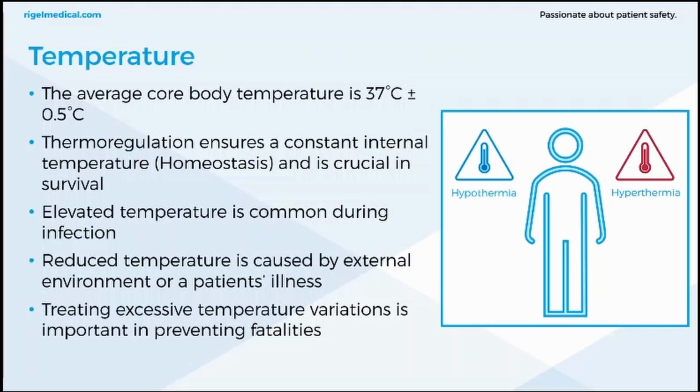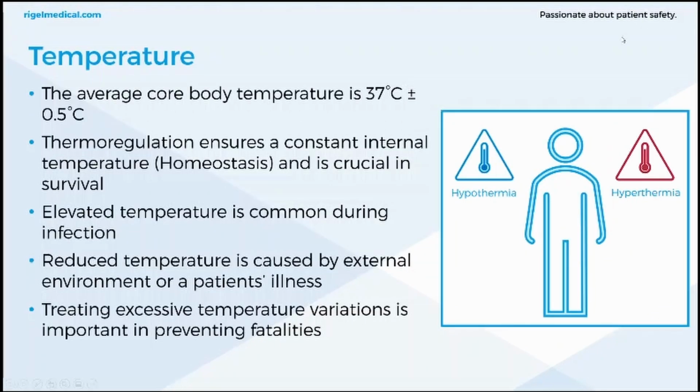Thermoregulation ensures a constant internal temperature, or homeostasis, and it's crucial in survival. Elevated temperature is common during infection. Reduced temperature is caused by external environments or the patient's illness. Treating excessive temperature variations is important in preventing fatalities.